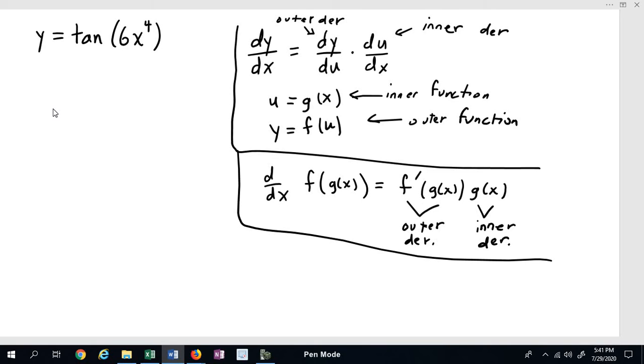You want u to be the inner function in this composition. If you look at this, it's a composition of tangent of x, which is your outer function, and then you're substituting in for the x, 6x to the fourth, which is your inner function. So you want u to be the inner function, in this case 6x to the fourth. That's your inner function.